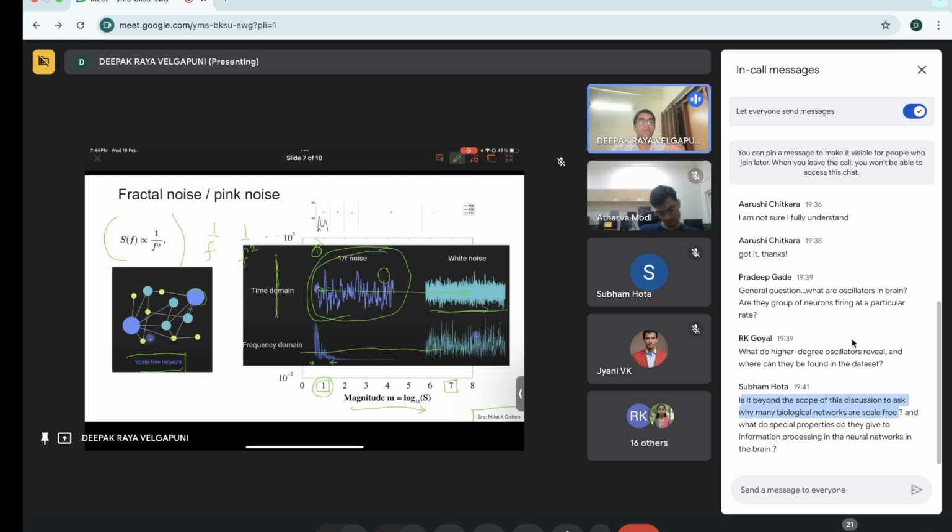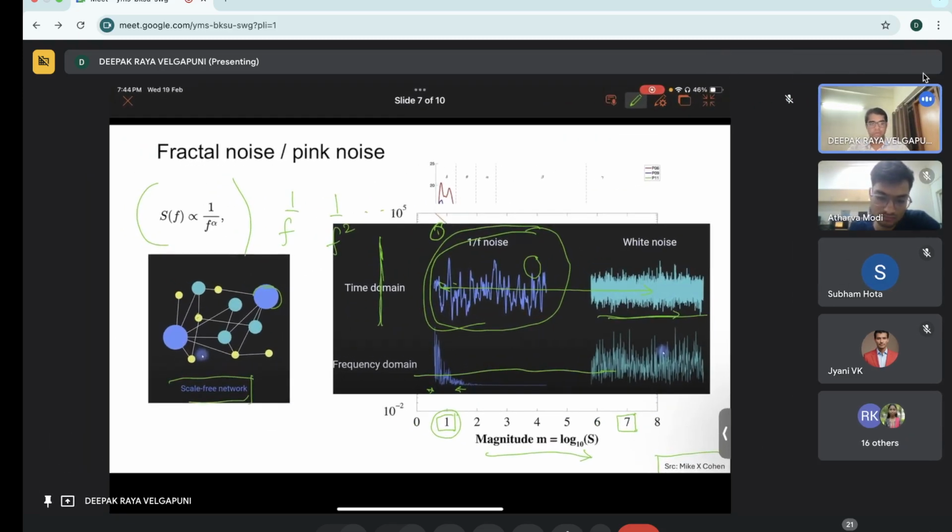There the 1/f fall will be less, and the 1/f noise is smaller in local field potentials, which are analyzed using depth electrodes inserted in the cortex. I hope it's clear now. Yes, sure.